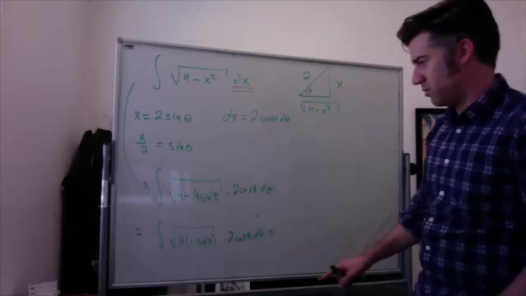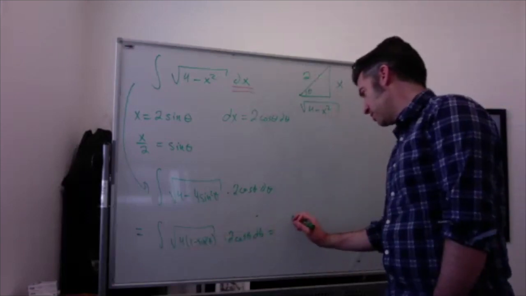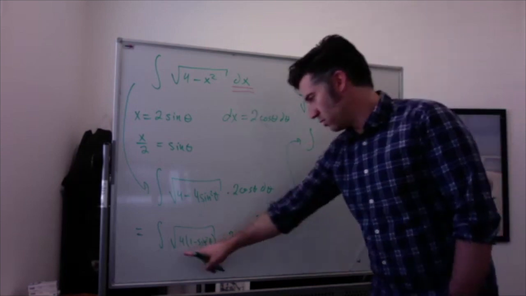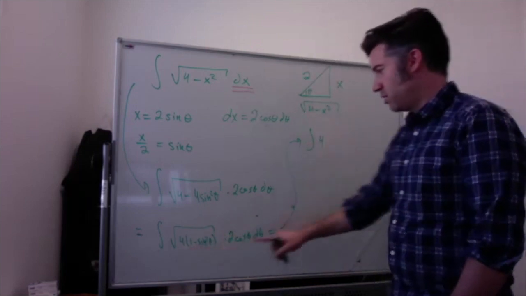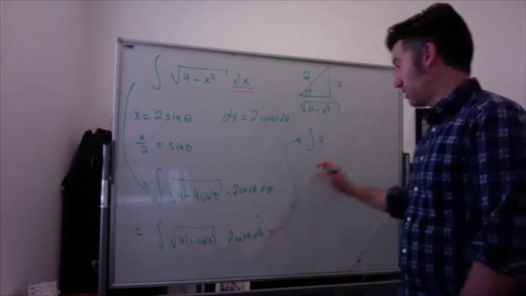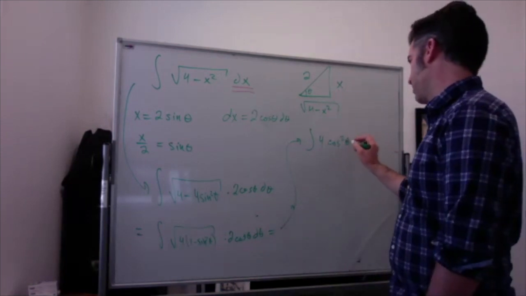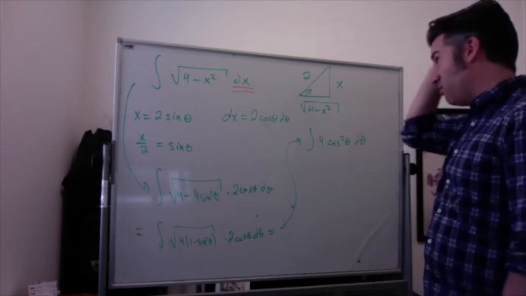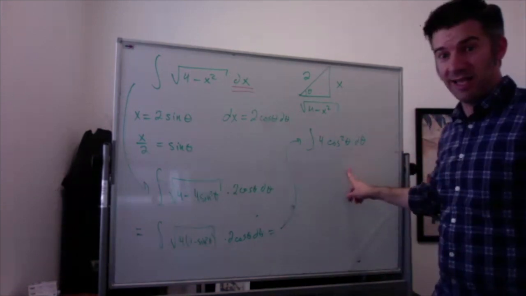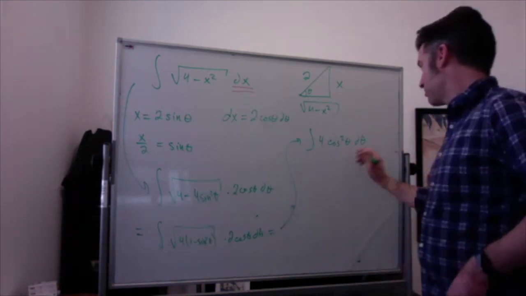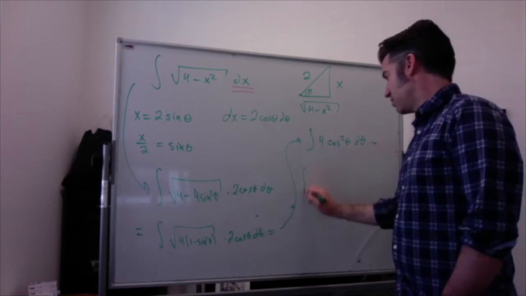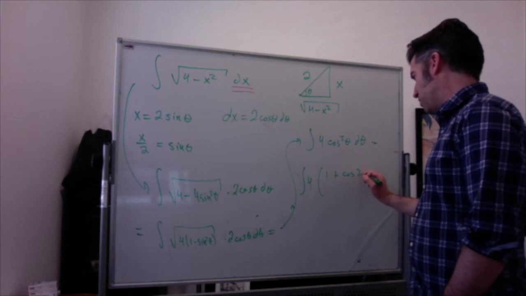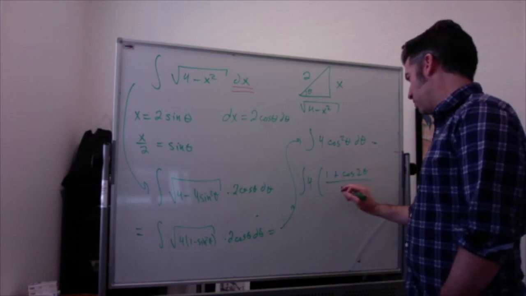Which means when I do this, you get the integral of 2 times 2 is 4. Cosine theta times cosine theta is cosine squared theta. And now we have to use that identity for cosine squared. This is 1 plus cosine of 2 theta all over 2.